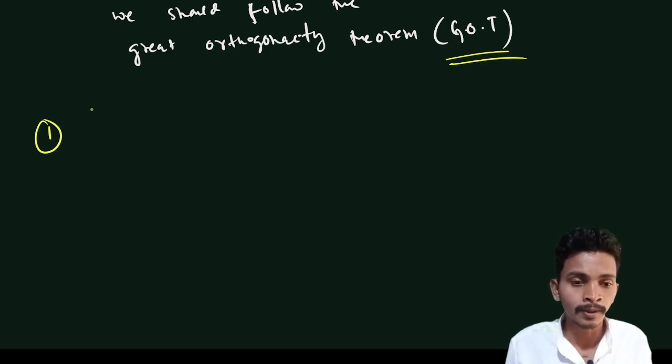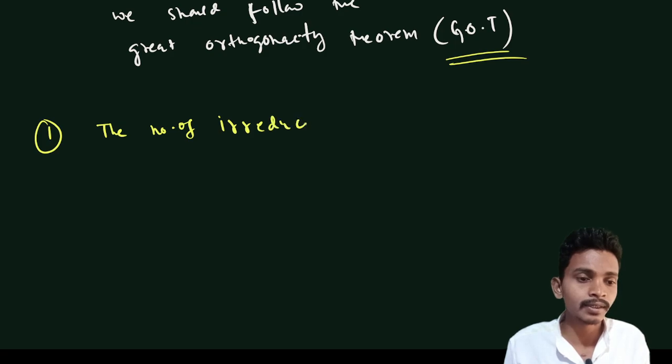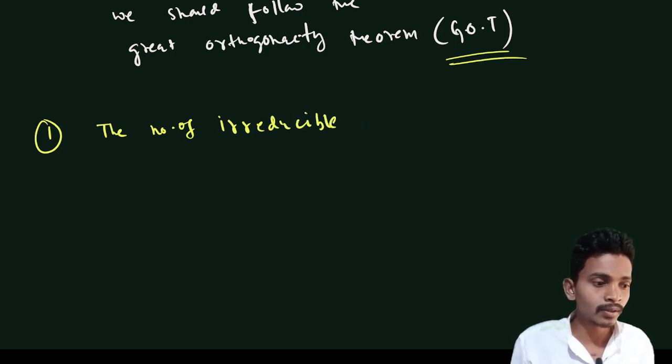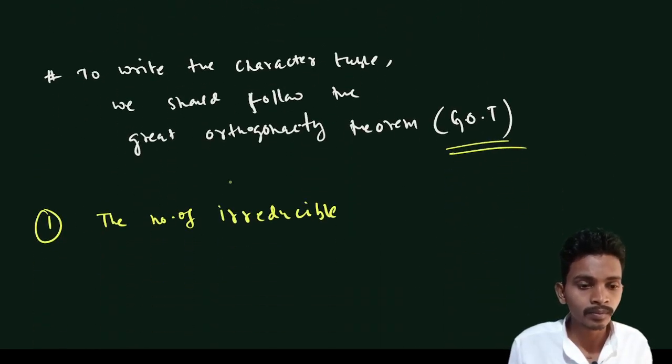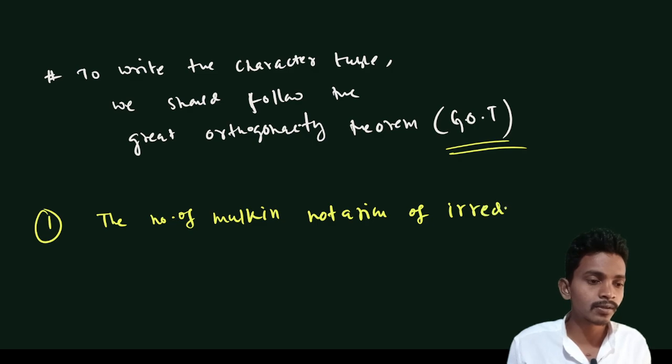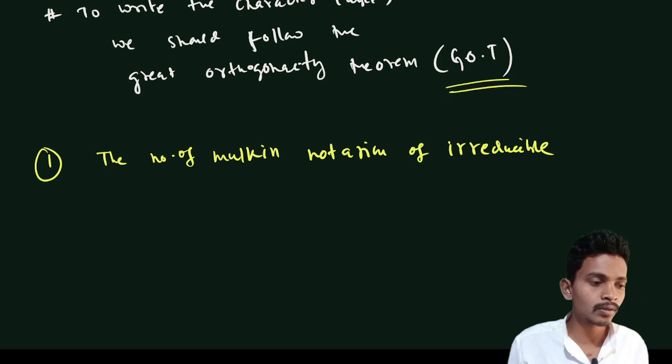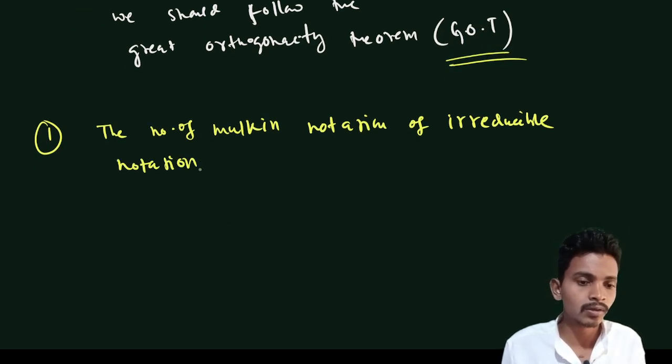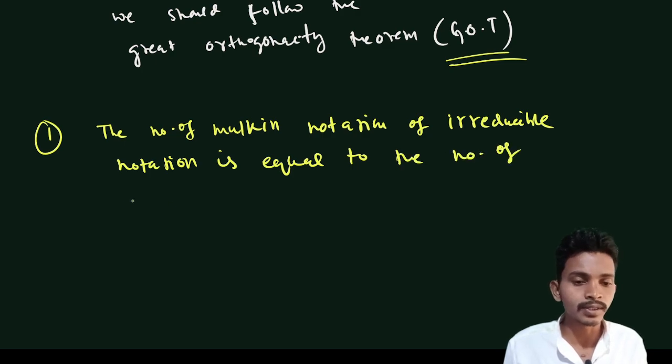the number of irreducible representations, the number of Mulliken notations of irreducible representations, is equal to the number of classes of the point group.